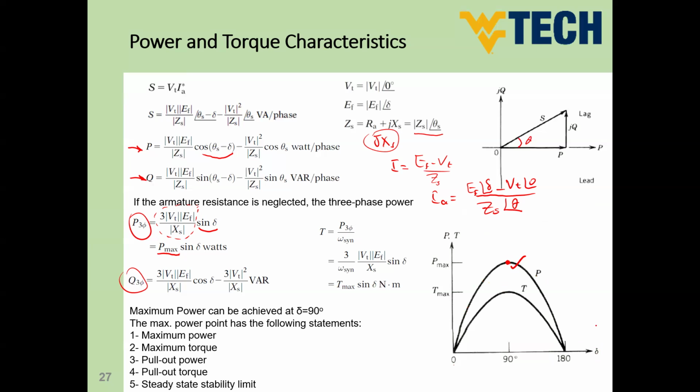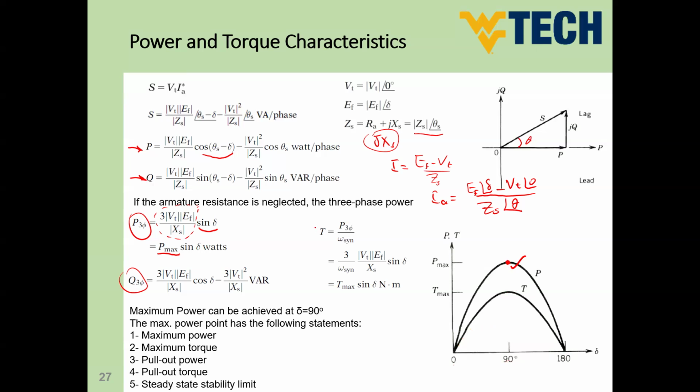Now, you know that the mechanical power equals torque times omega. And omega is a constant value in the synchronous machine. We said that the synchronous machine speed is constant all of the time. So in this case, we can say that the torque is going to be the same shape as the power, and the peak value of the torque is going to be P maximum divided by omega.